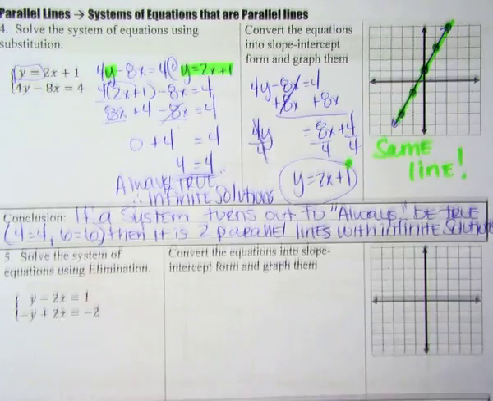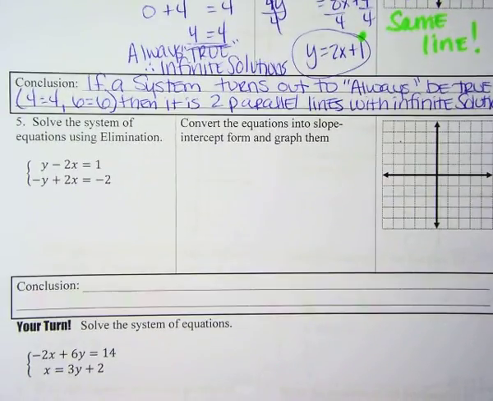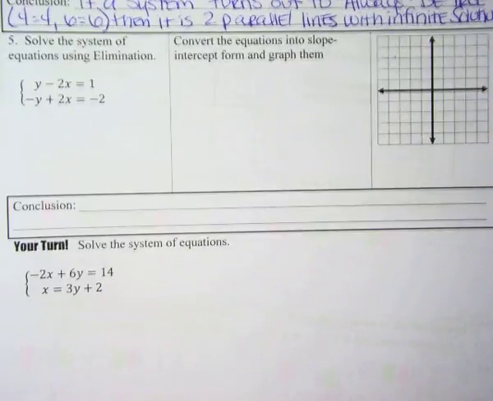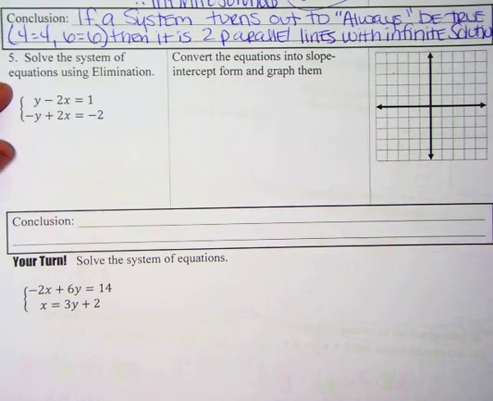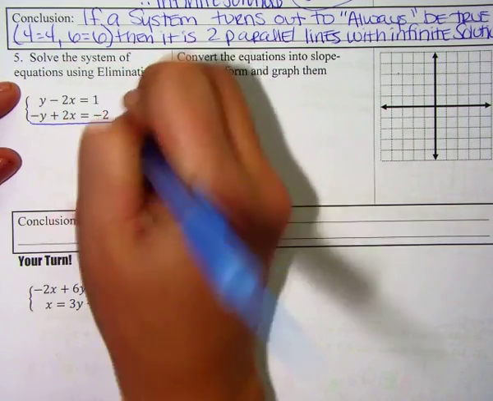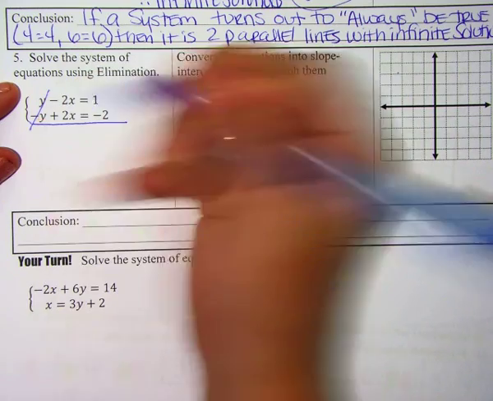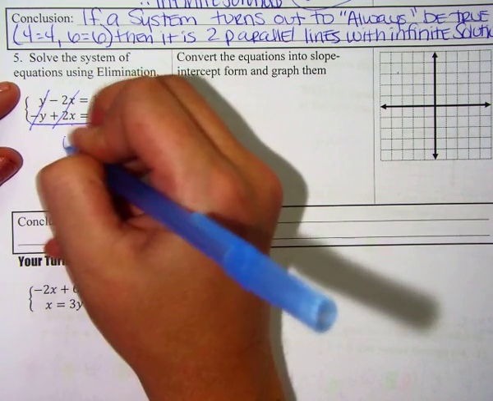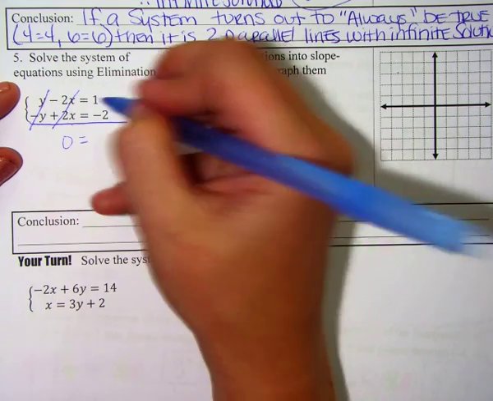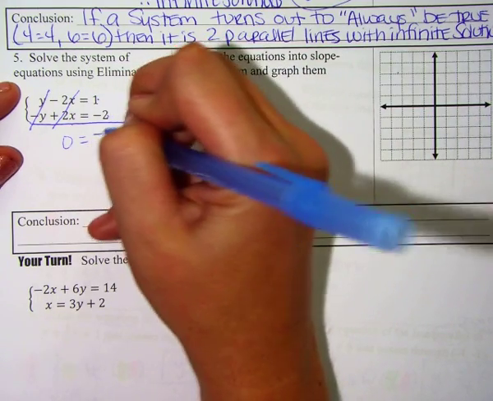Okay, last one. This won't take that long. We're going to solve this using elimination. Add straight down. Positive y minus y goes away. Negative 2x plus 2x goes away. So I have 0 equals 1 minus 2 is a negative 1.